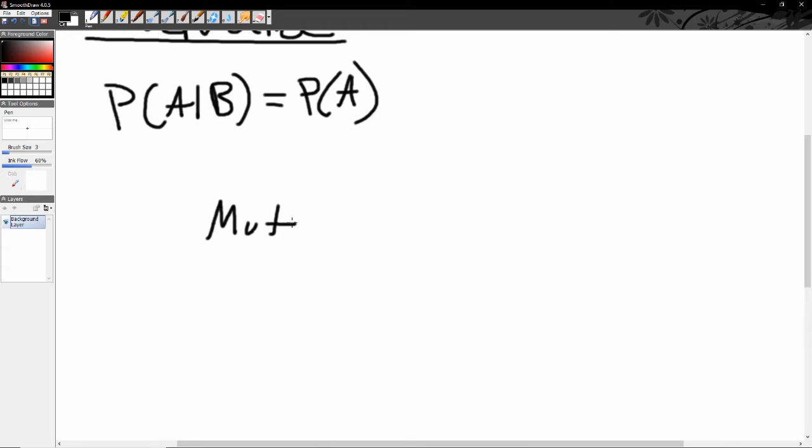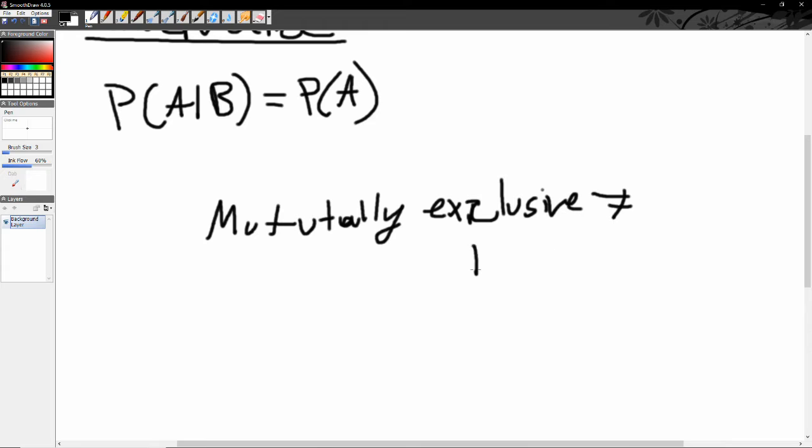So that's something important to keep in mind. Mutually exclusive is not independent. That is something IB will ask about occasionally. Just keep that in mind. Mutually exclusive events can never be independent, and the same vice versa. They are different.